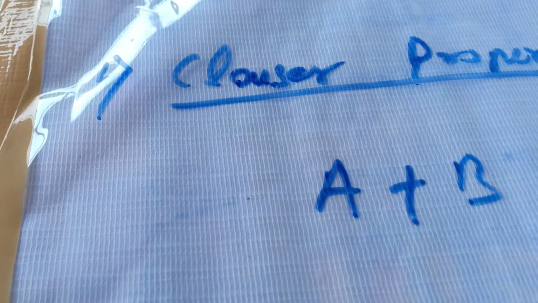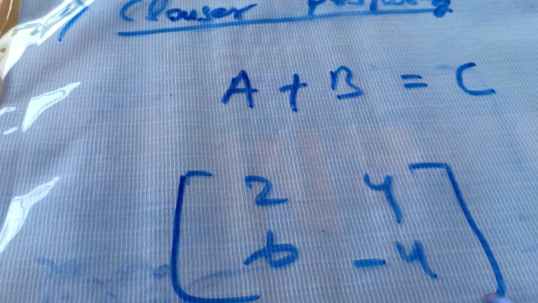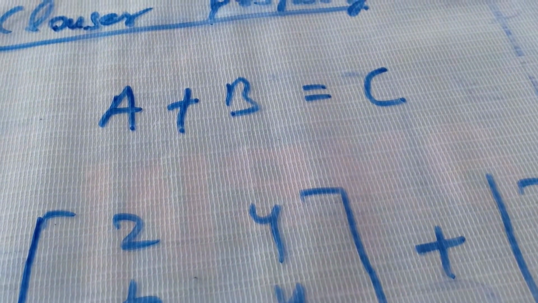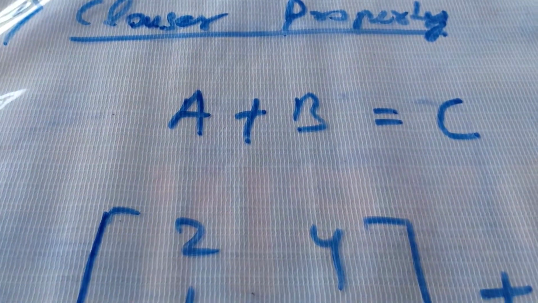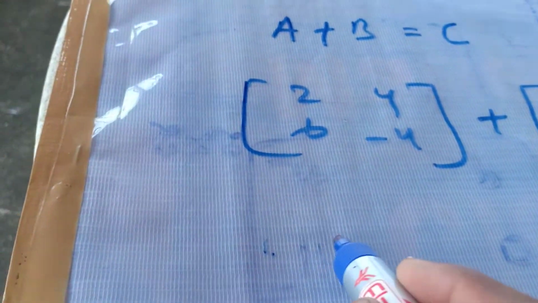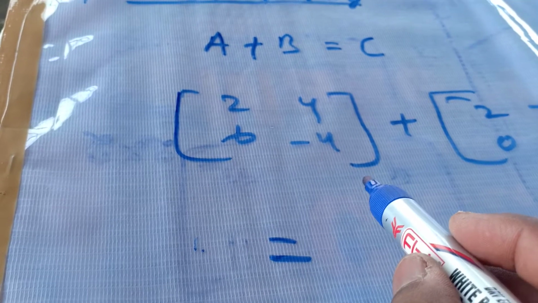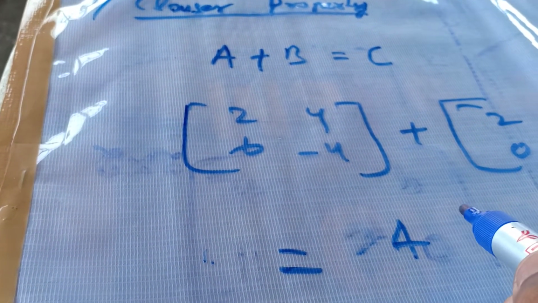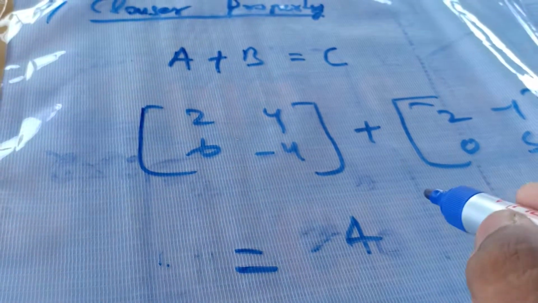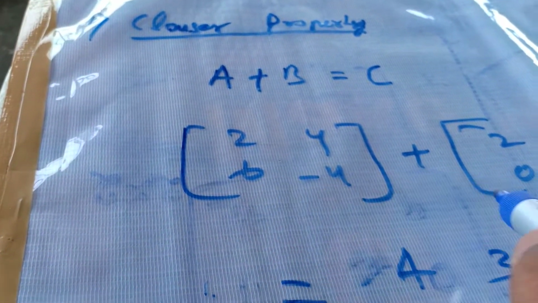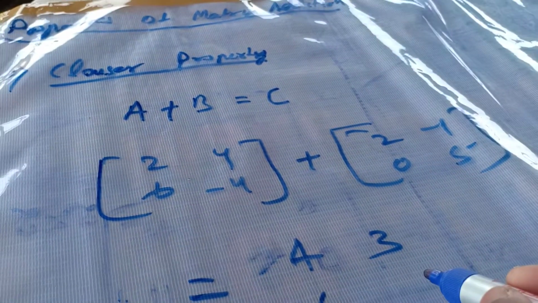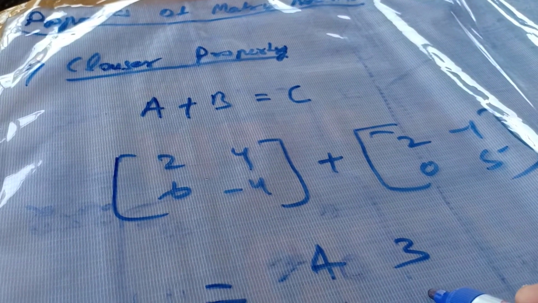Let us check: 2, 4, 6, minus 4 plus 2, minus 1, 0, 5. If I add these two matrices, 2 plus 2 is 4, 4 plus minus 1 is 3, 6 plus 0 is 6, minus 4 plus 5 is 1.